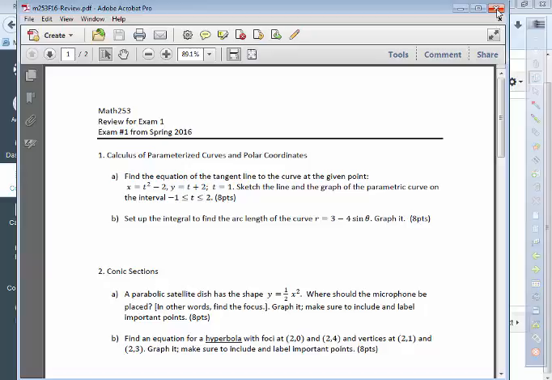Okay? You will have a sheet of notes. You can write whatever you want on those notes, from formulas, or like a note card. 8.5 by 11 sheet, back and front, you can write formulas, you can write examples, you can write a poem, you can draw a picture, you can do whatever you want on that sheet.